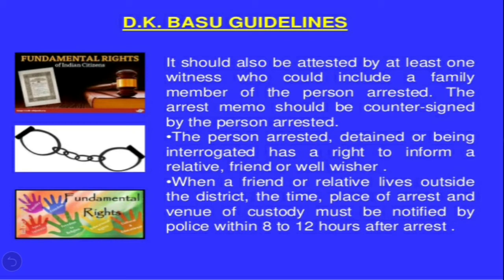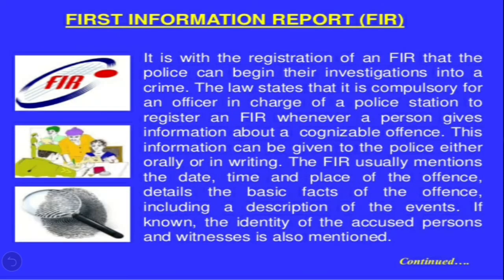When a friend or relative lives outside the district, the time, place of arrest and venue of custody must be notified by police within 8 to 12 hours after arrest. If a friend or a relative of the accused person lives outside, then the time, place of arrest and venue of custody all should be notified by the police within 8 to 12 hours of his arrest.